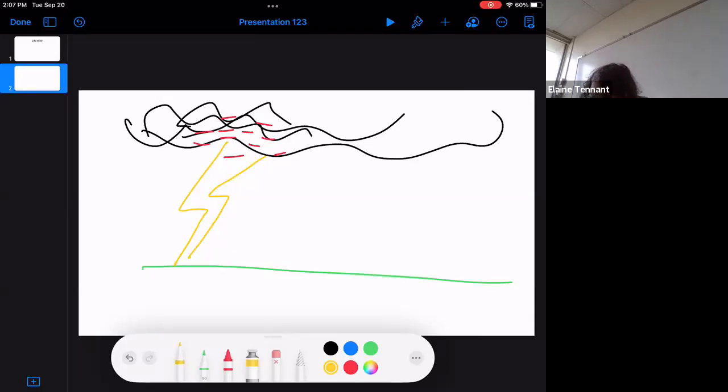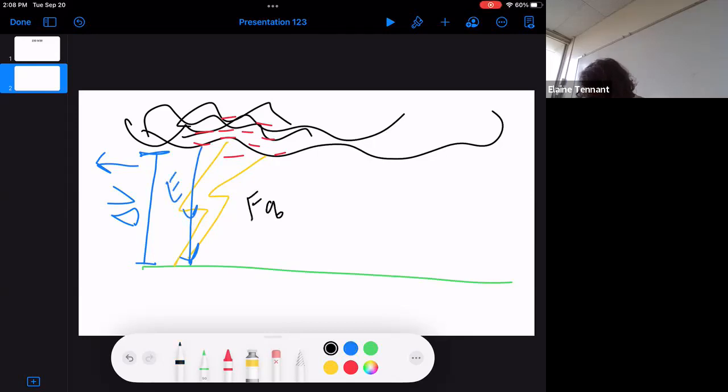When the potential difference between the ground and the clouds gets high enough, then there'll be a strong enough electric field down to the ground. And where there's an electric field, there's an electric force.